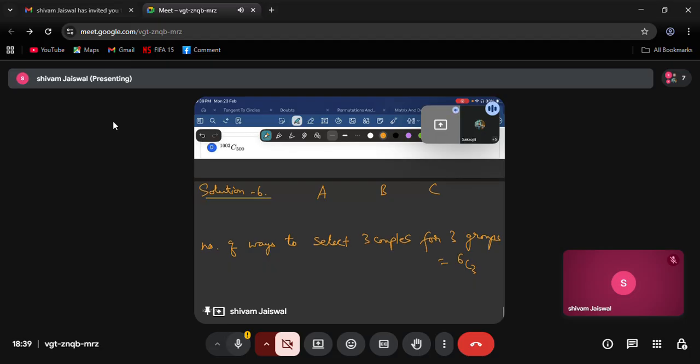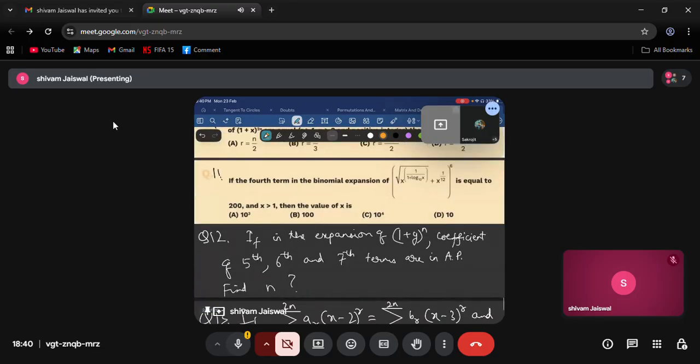Over here there are two people, one male and one female, in each group. Socrates, are you getting? This is the number of ways of forming three groups. Yes, sir. 6C3.